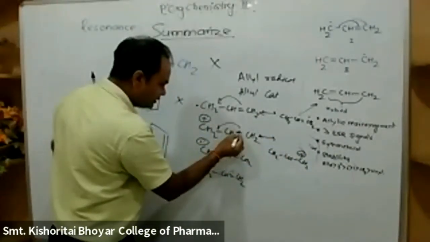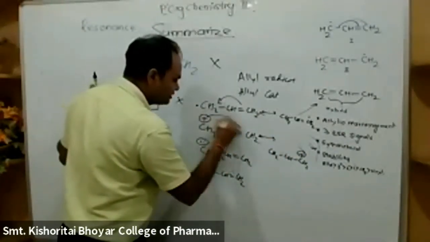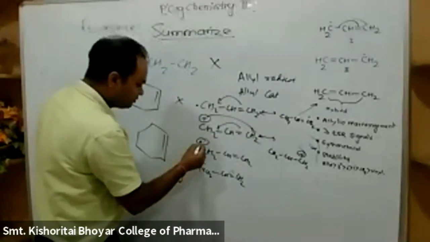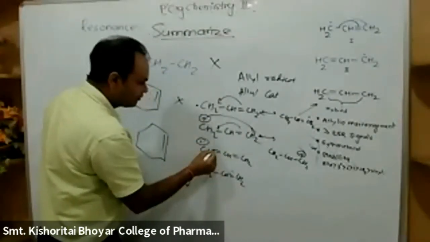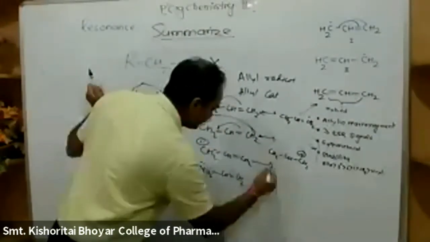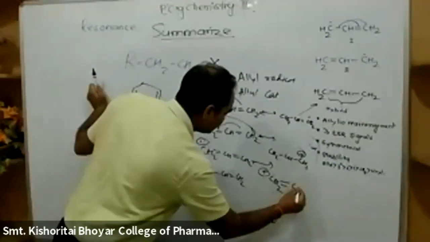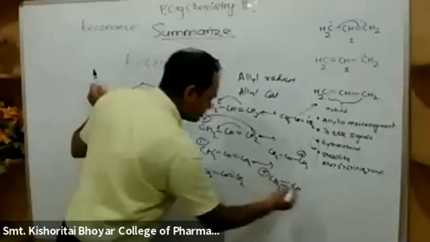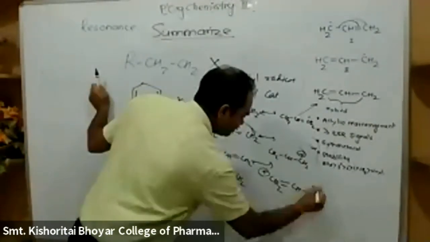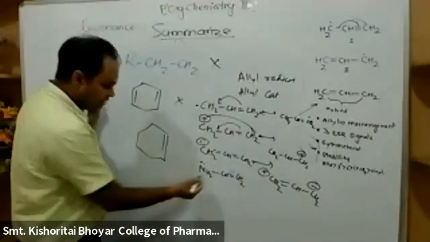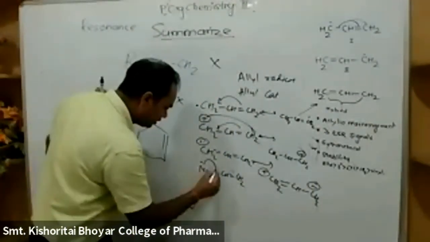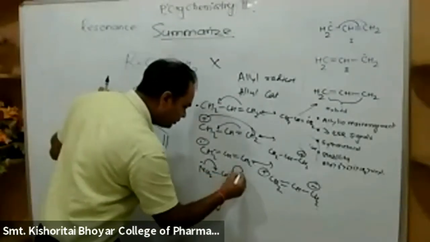If this pi electron gets shifted here, then the positive charge is written here. Okay, if this lone pair of electrons gets shifted here, then what happens? You will get a structure like this: CH2 positive charge, double bond CH, then CH2 negative charge. In this case again this lone pair is shifted here, so this double bond gets shifted here.